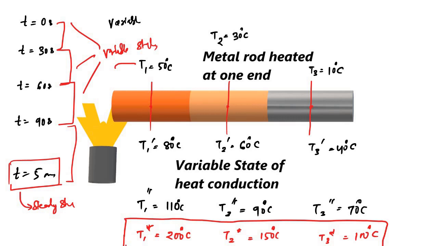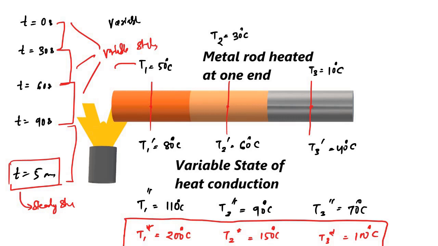The second section increased from 30 to 60, and then from 60 to 90. The third section increased from 10 to 40, and then from 40 to 70. And finally steady state was reached.